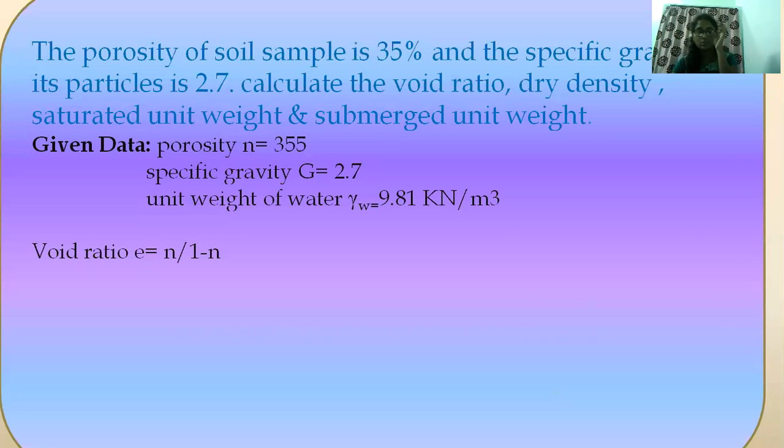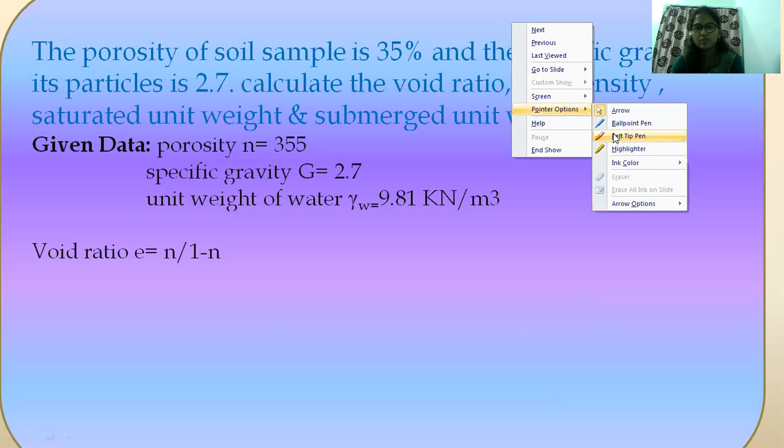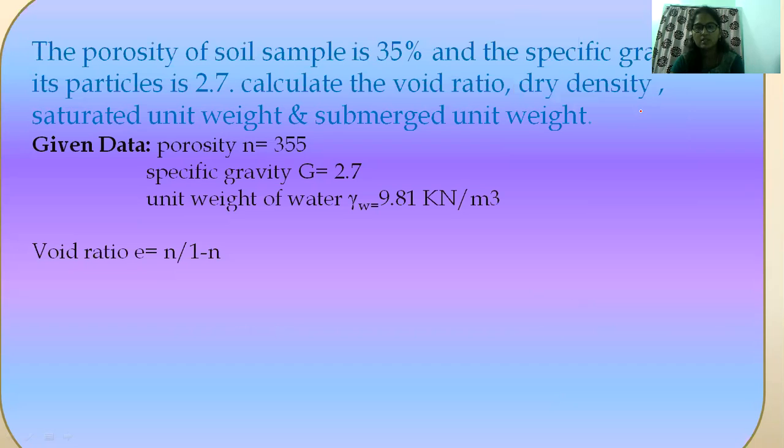The first problem: the porosity of a soil sample is 35% and the specific gravity of its particles is 2.7. Calculate the void ratio, dry density, saturated unit weight and submerged unit weight.